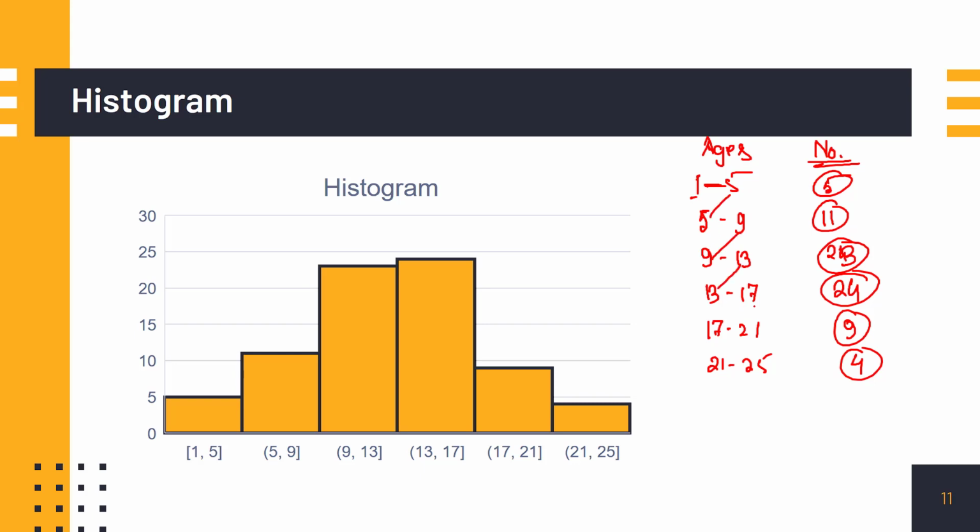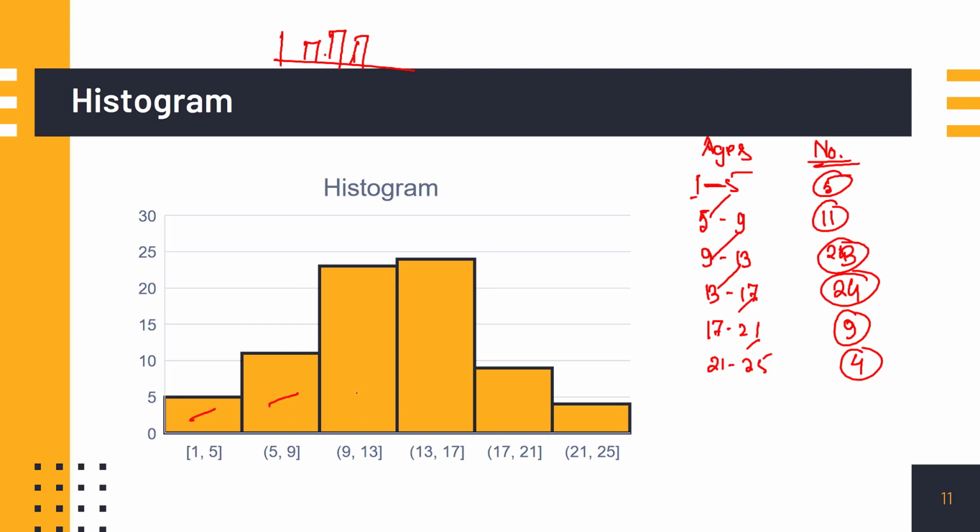These are all continuous. So then to represent this data we use a histogram. Now this is similar in appearance to a bar diagram. The only difference is in the case of a bar diagram the different bars have a gap between them, but in the case of a histogram we don't have any gap.